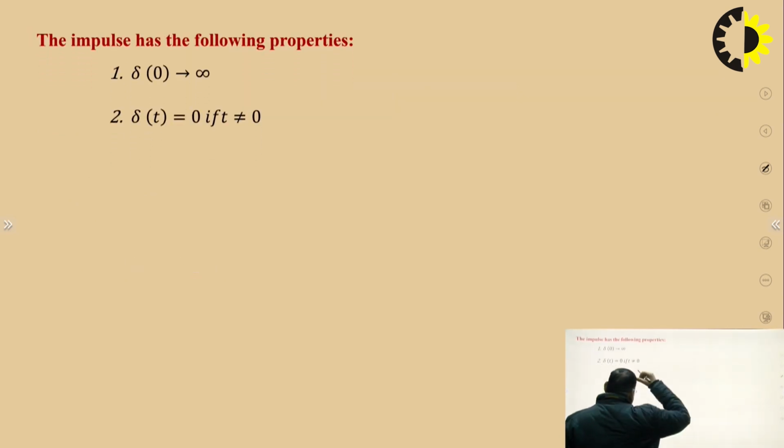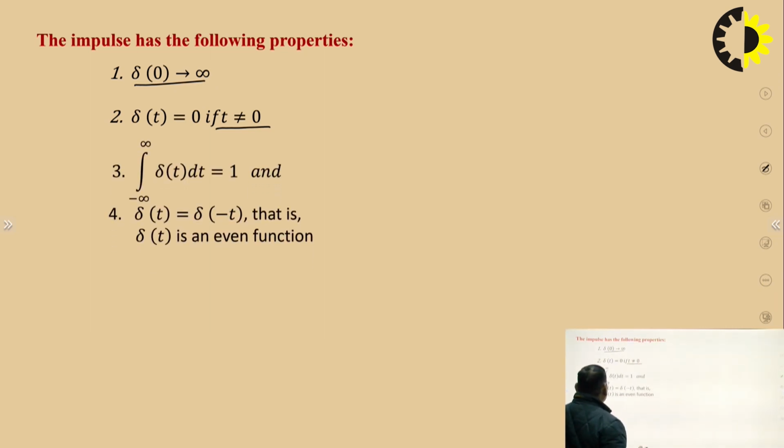So these are some properties of the impulse function. First, delta(0) at t equal to 0 tends to infinity, and delta(t) is 0 everywhere except at t equal to 0. So at t not equal to 0, its value is 0.